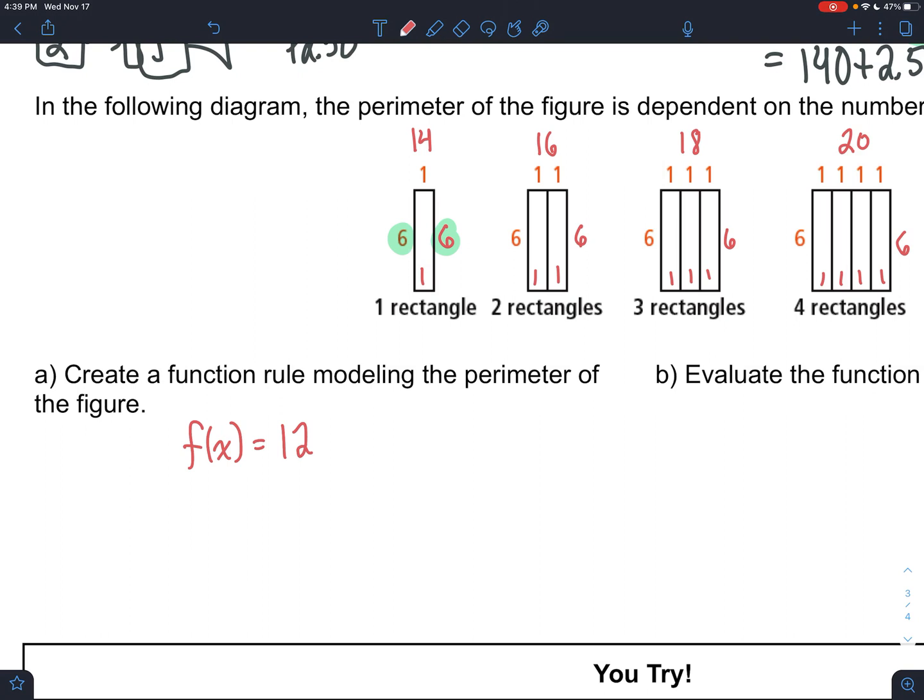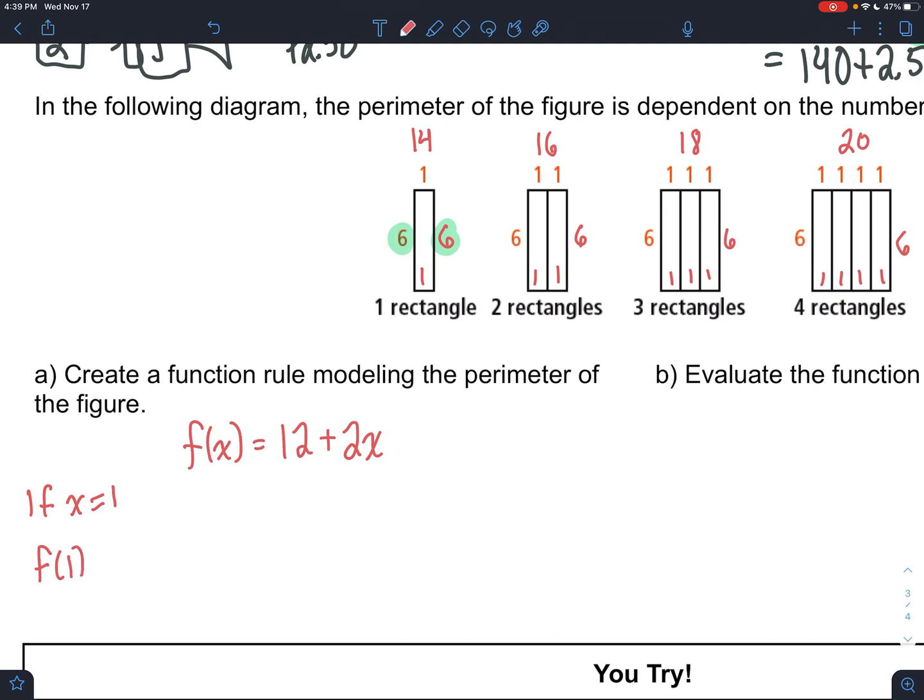And then we add a certain amount based on how many rectangles we have. And because it goes up by 2 every time, I think it's 2x. So let's test that, though. If we have x equals 1 rectangle, the perimeter should be 14. And it is. If x is 1, f of x, or f of 1, is 14.